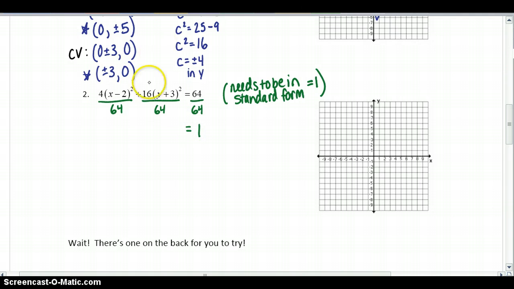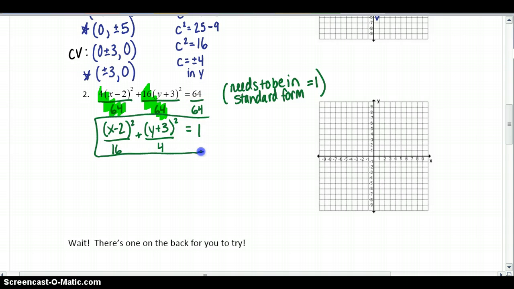Right here, you can simplify this fraction. 16 divided by 64 is actually 1 over 4, so we've got y plus 3 squared over 4. And then same with this fraction right here. 4 divided by 64 is actually 1 over 16. So there's our standard form equation.